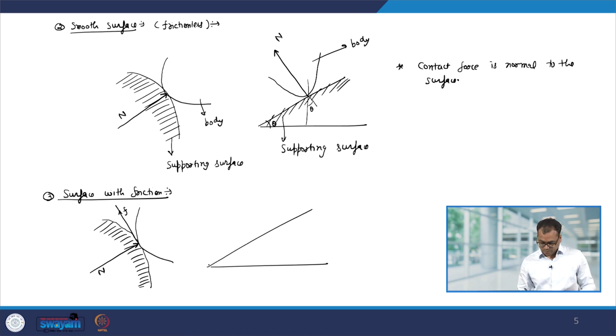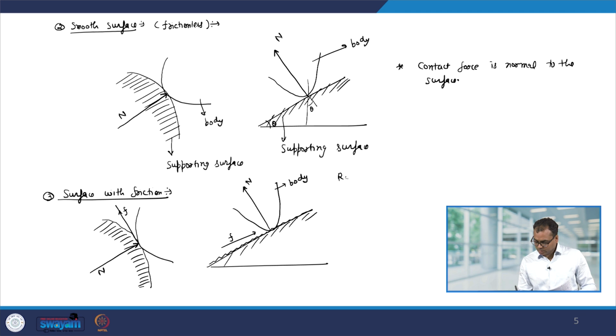Again let us say we have this inclined plane, but now it has a friction. So, this is our body, that is the frictional surface. In this case we again have a normal force and we will have a frictional force.